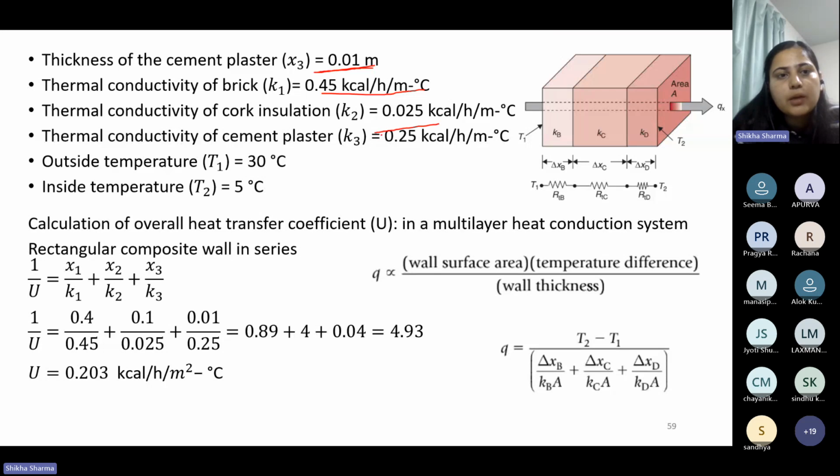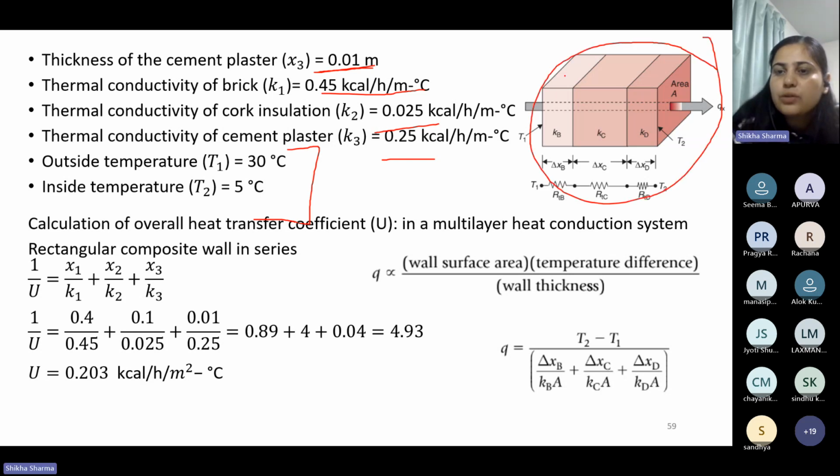The inside and outside temperatures are 5 and 30 degrees respectively. So this is our whole setup: different layers of cork, brick and cement plaster, in series. Fourier's law says that the rate of heat transfer is directly proportional to wall surface area into temperature difference divided by wall thickness.